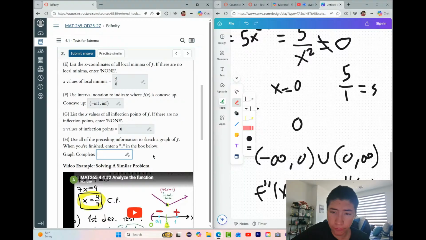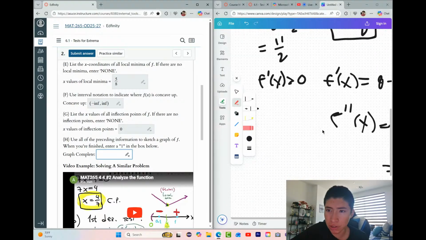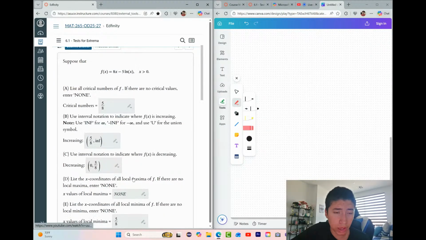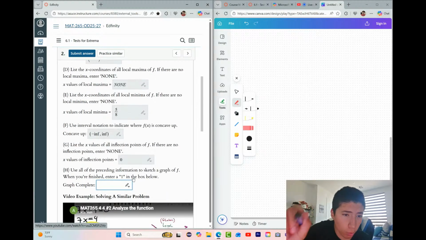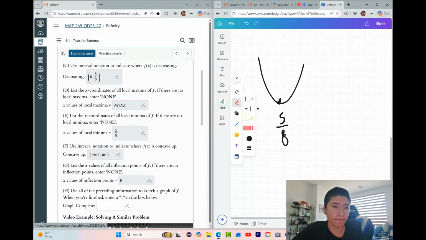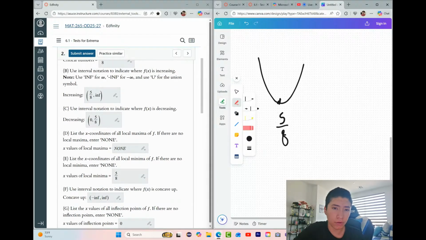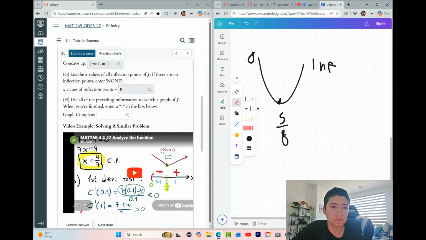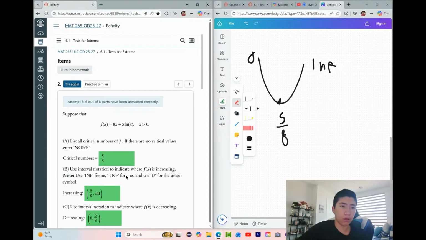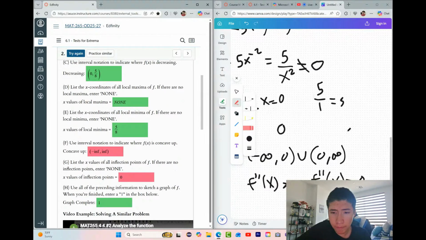Now we need a sketch. Let's sketch that graph, guys. Want us to sketch f? Let's find all the traits. We have concave up from negative infinity to infinity. We have a local minimum at 5 over 8. It's decreasing from 0 to 5/8, and then increasing all the way to infinity.